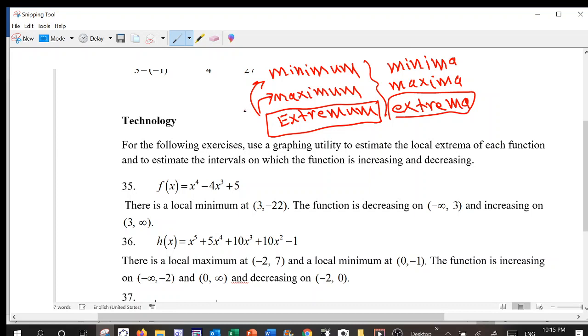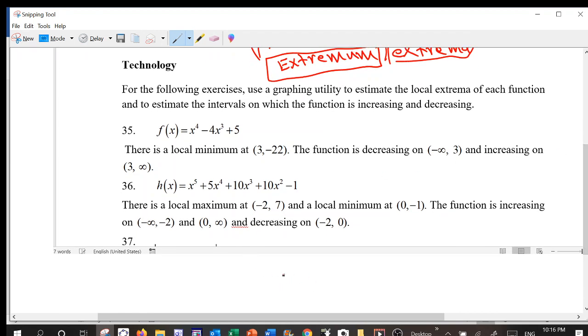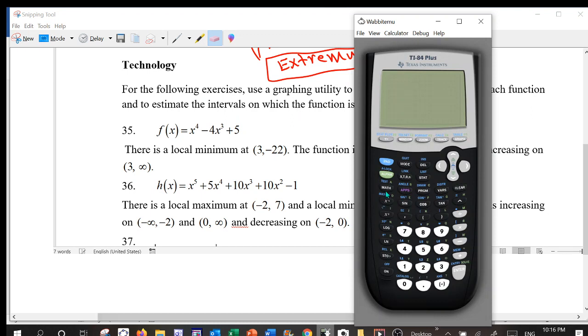So here what we have to do is graph this with the calculator and find the min and max. So let's do it. How do we do that?